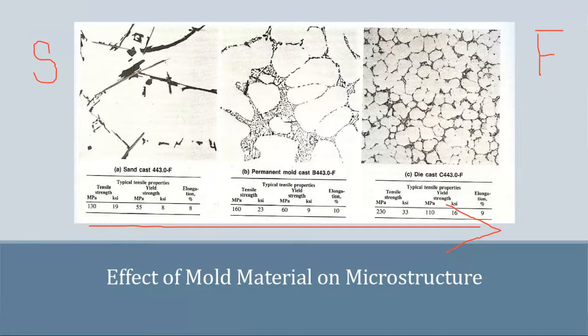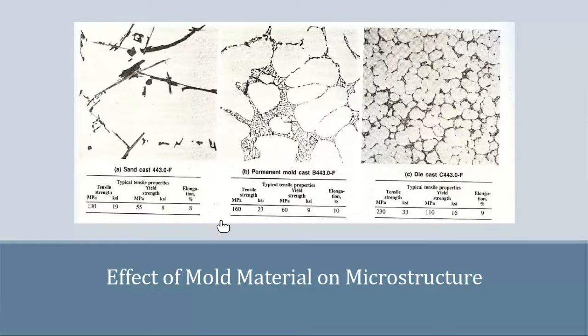Now, how does that make an effect on mechanical properties? Well, as stated, this is all the same material, and when you look at the mechanical properties provided, a sand cast has an ultimate tensile strength of 19 KSI.